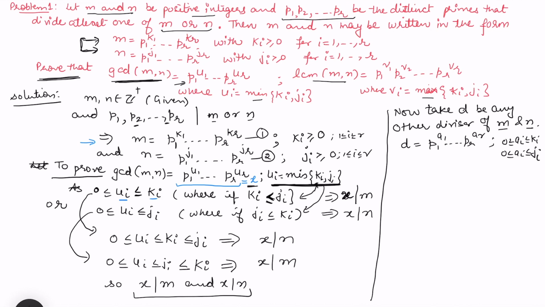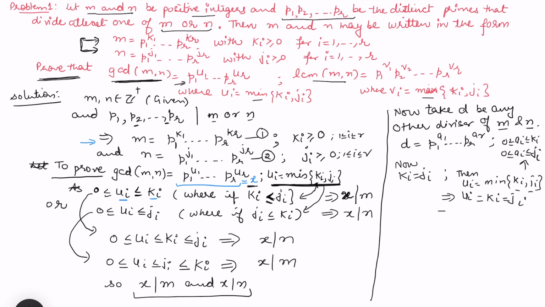Now again, if you look at this, there are possibilities: either ki is equal to ji. This is one of the possibilities. In this case, what was ui? Ui was by definition the minimum of ki and ji, and we are saying that both of them are the same. So this itself means that ui is equal to ki is equal to ji.